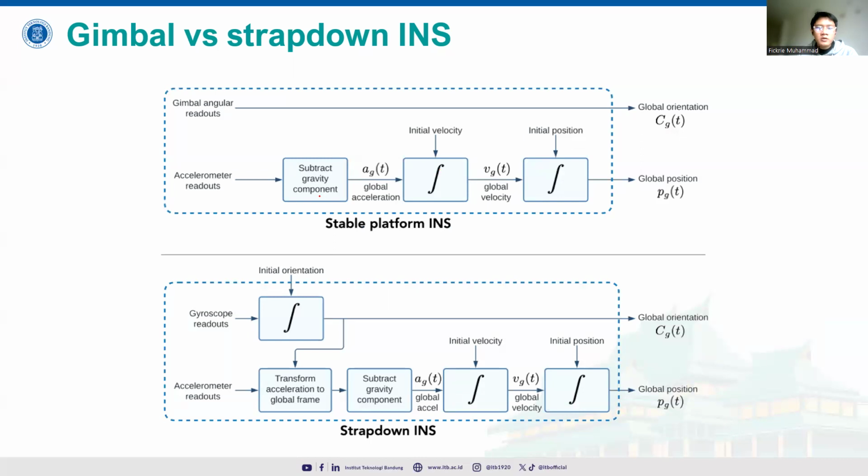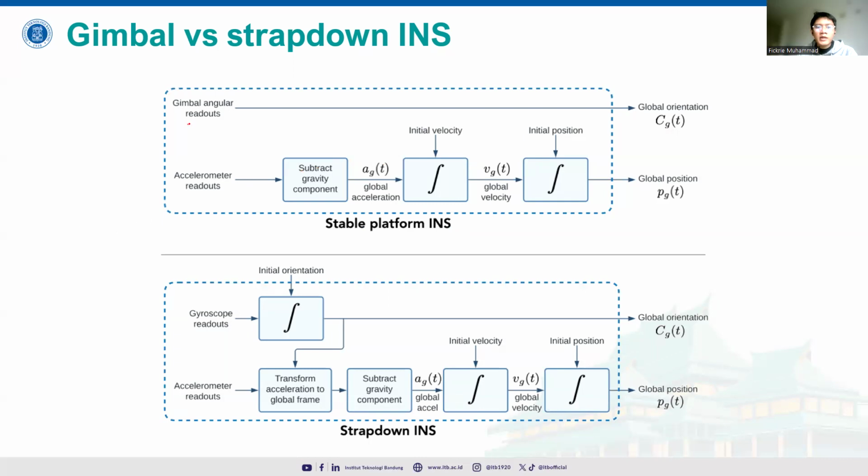So in concept, it reads the accelerometer readout that measures the specific forces acting on the system. For example, when it accelerates, it is basically reading this acceleration. And the gimbal angular readouts provide the orientation data, determining the direction of gravity relative to the platform.